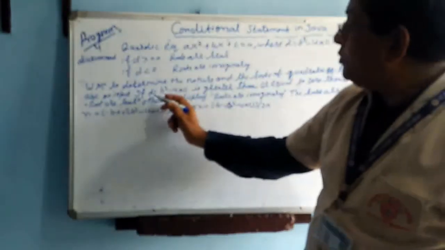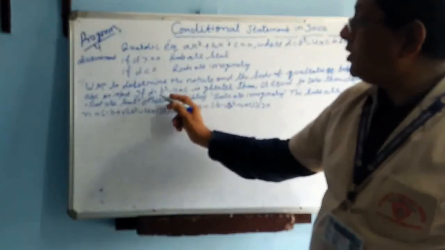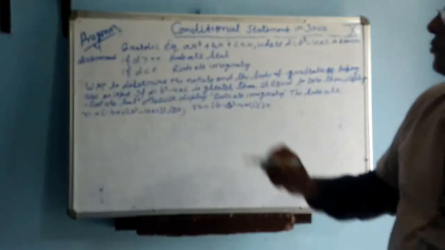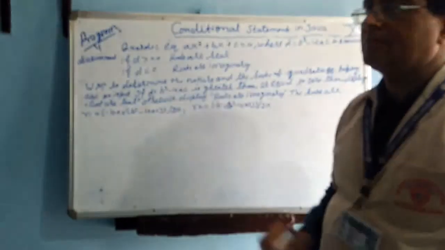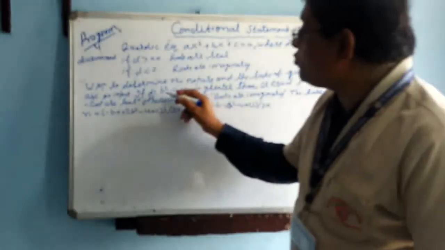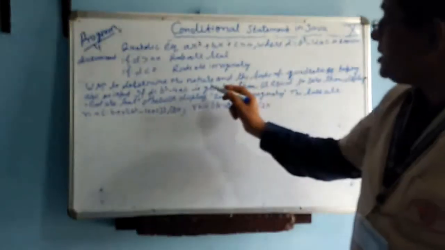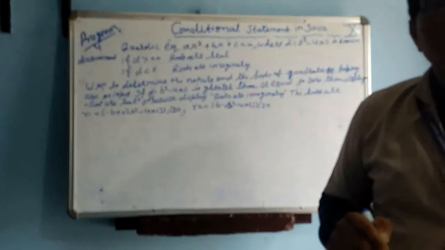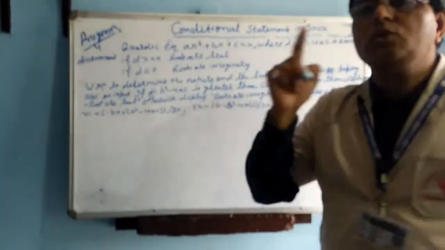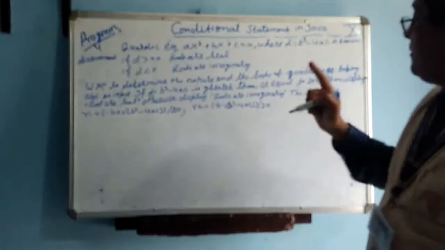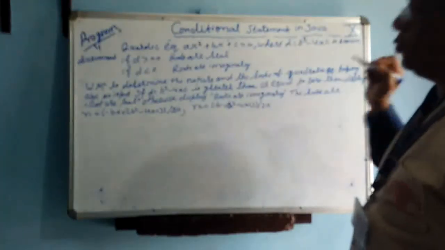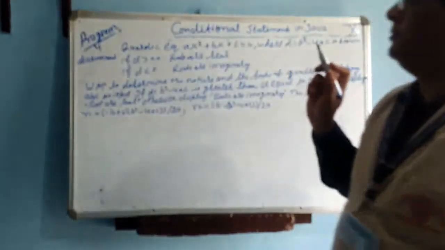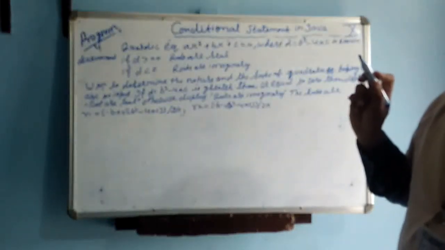Now the value of d is equal to b square minus 4ac. If by using this equation the value of d is greater than or equal to 0, then it displays the roots are real.